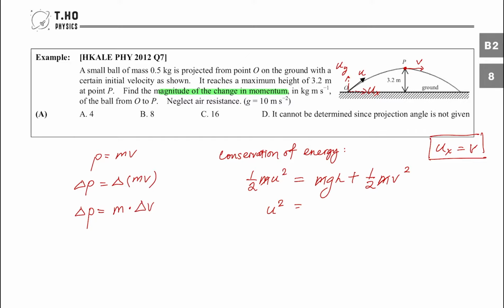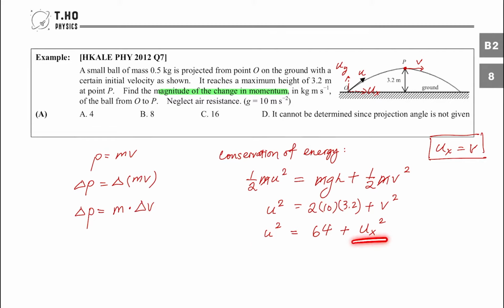So we got something like this: 2 times g times h plus v squared. Note that I have changed the v into ux, and we'll see in a minute why I am doing so. Next, in this equation, we have two unknowns.